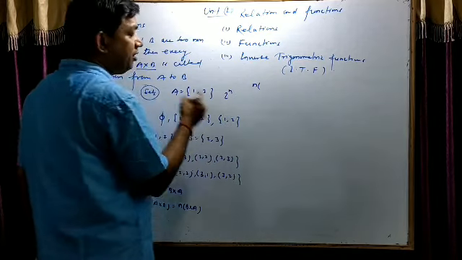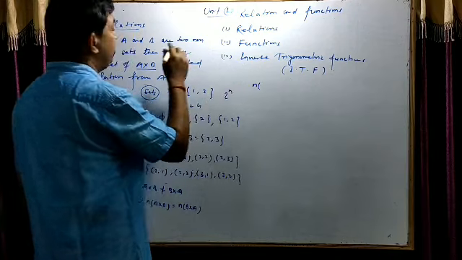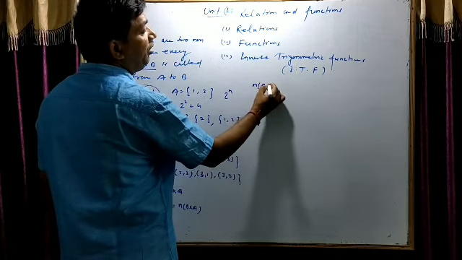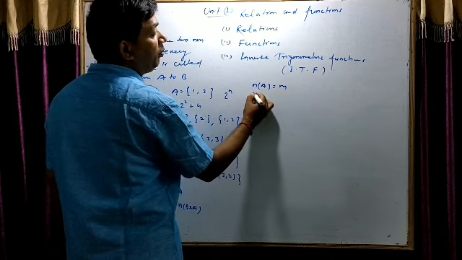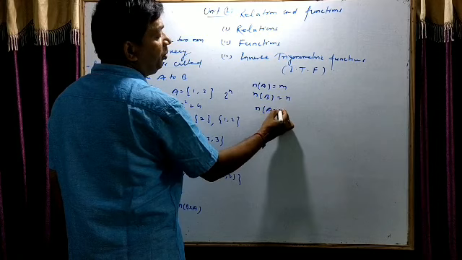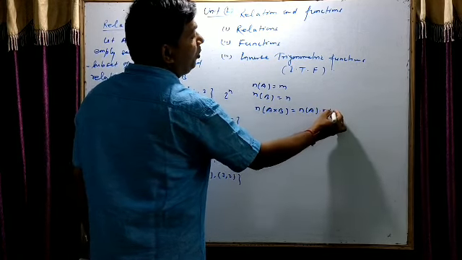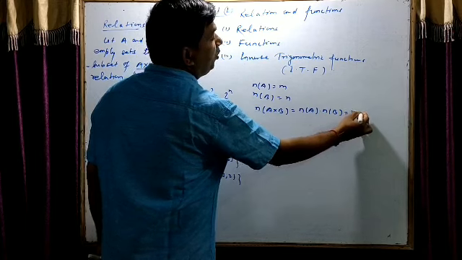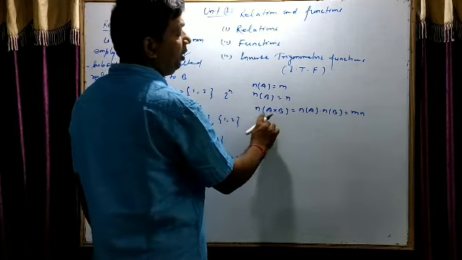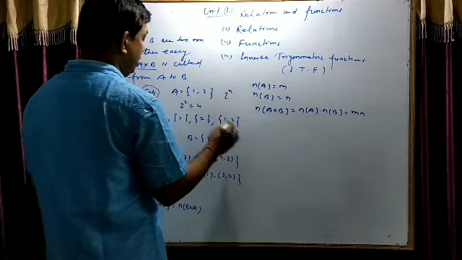You already learned this in class 11. Only a small revision I am going to tell. If n(A) is m and n(B) is n, then n(A cross B) is equal to n(A) into n(B), that is m into n. The total number of elements present in A cross B, that is the cardinal number of A cross B, is mn.